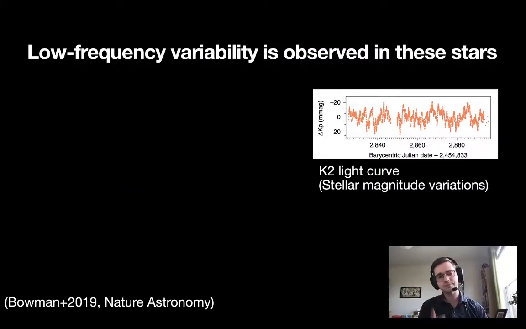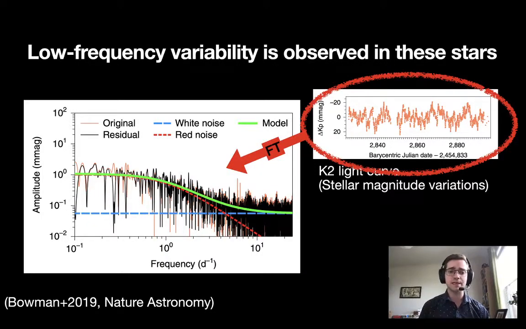So Dominic Bowman and some other folks published a paper a couple years ago analyzing K2 light curves of massive stars, and they observed some low-frequency variability in these stars. They have light curves like what you see here with magnitude versus time on the x-axis, and when they transform those into frequency space, they get amplitude spectra that look like this.